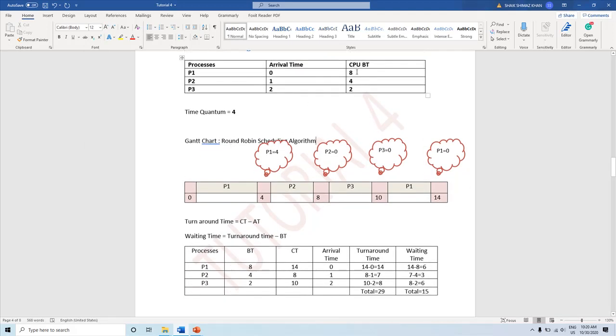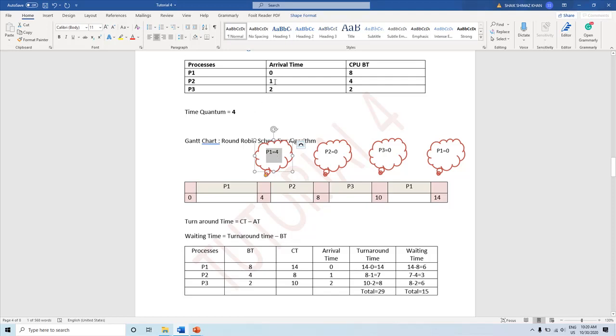Then the context switching takes place. At 4 milliseconds, the P1 burst time would be 4, because from 8 already 4 milliseconds finished. So the balance burst time of P1 is 4.